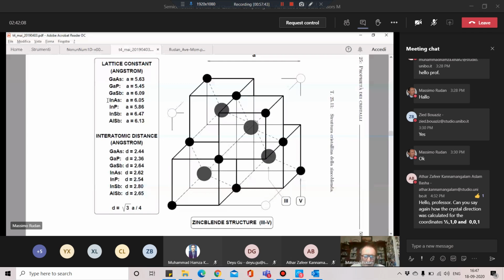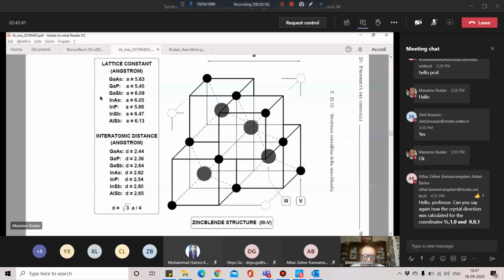Then we have indium arsenide, indium phosphide, indium antimonide, and finally aluminum antimonide. All these are possible 3-5 compounds that form a structure similar to diamond, and this structure is a semiconductor. Okay?